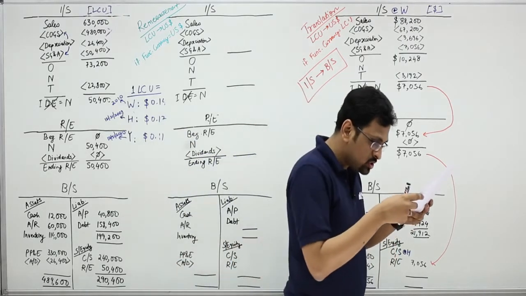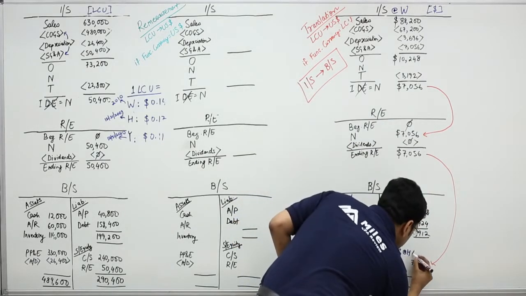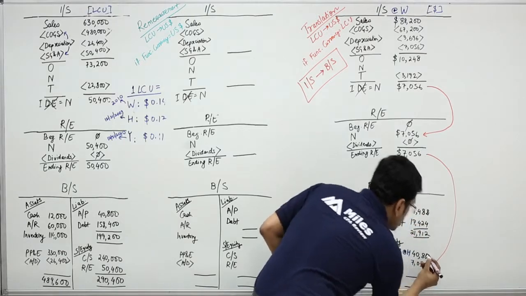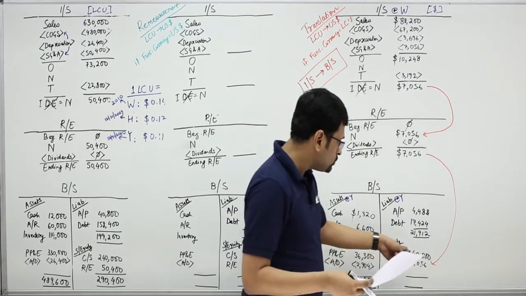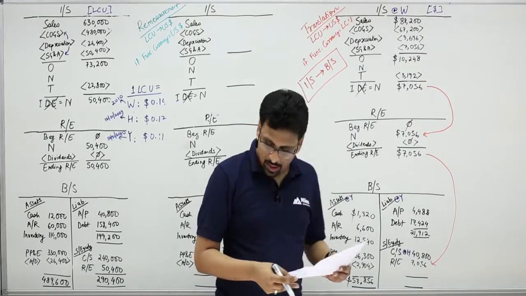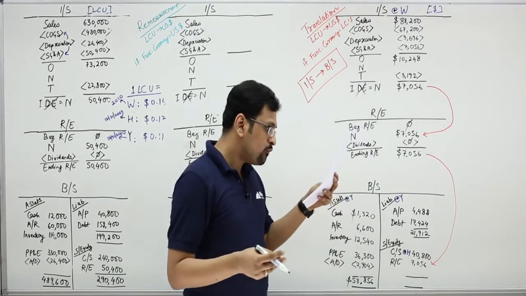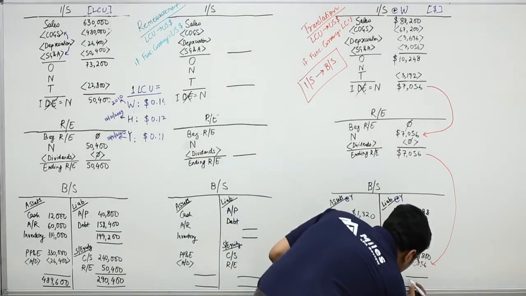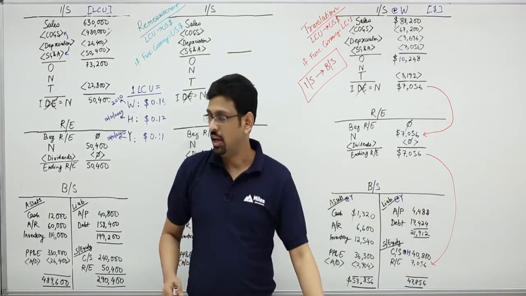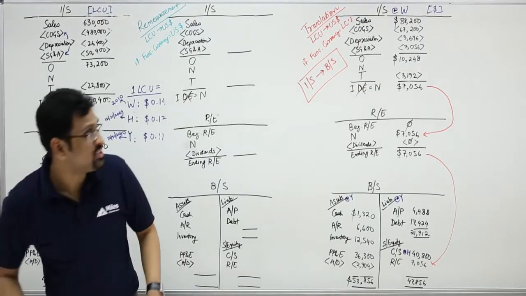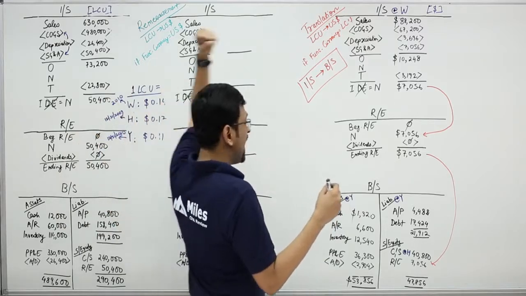So that gets us 40,800. Now let's do this 40,800 under equity. You got 40,800 of common stock, retained earnings of 7,056 gives you 47,856. So guys, if you look at it, we have successfully translated the income statement and the balance sheet.